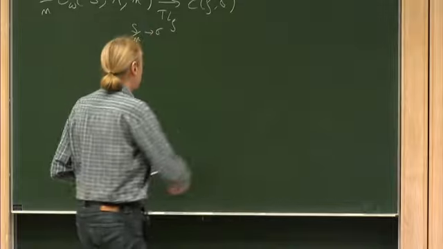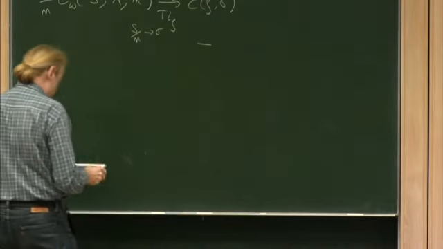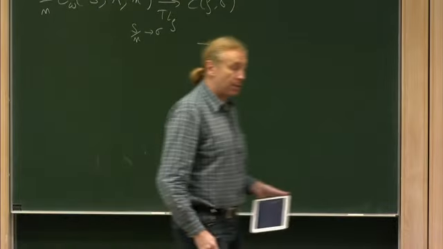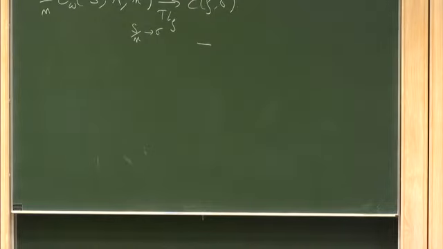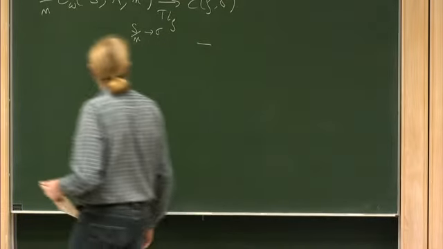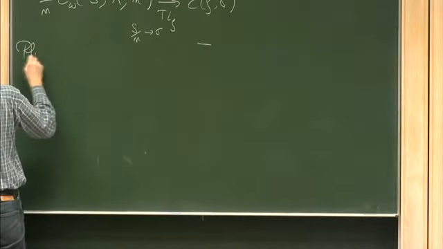So the main game will be to bring ourselves back to the subsequence, and of course the only tool that we essentially have is these subadditive inequalities. So we are going to use this extensively, and we are going to split the proof into two steps.